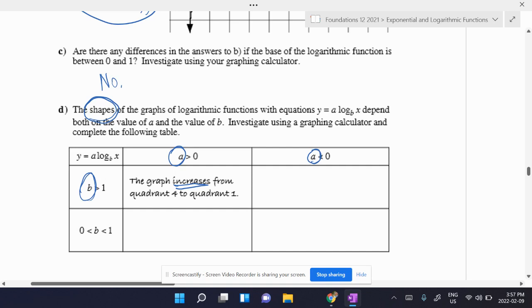If a is less than 0, so like a negative number, then the graph decreases from quad 1 to quad 4.